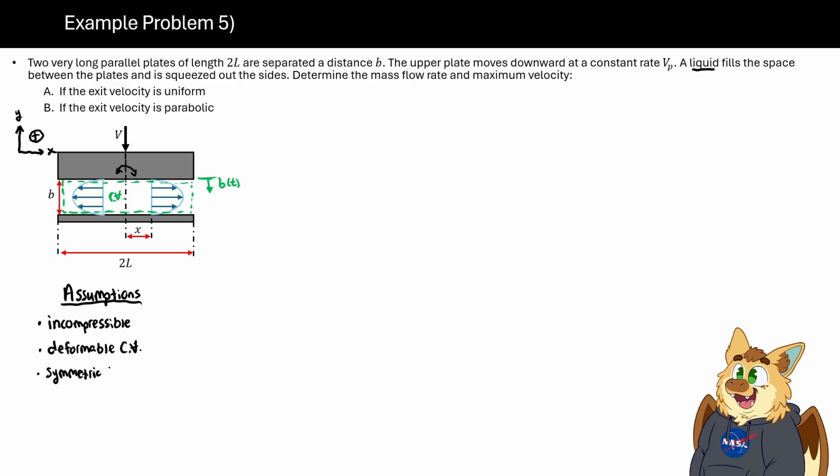And I should say symmetric velocity profile on both sides. Okay, so we have our assumptions. Now we can go into conservation of mass.